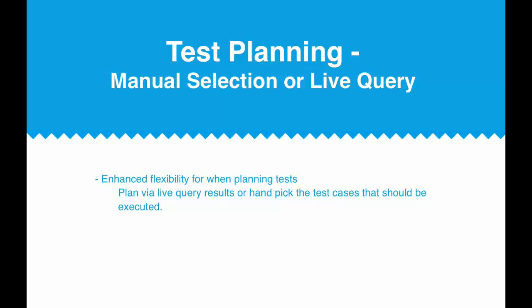Actually, what we have learned is that everybody is planning their testing procedures in a different way. It also depends on the type of the testing procedure. If we are speaking about a regression test, you would like to manually select the test cases that are related to the features being modified and plan them into the regression suite.